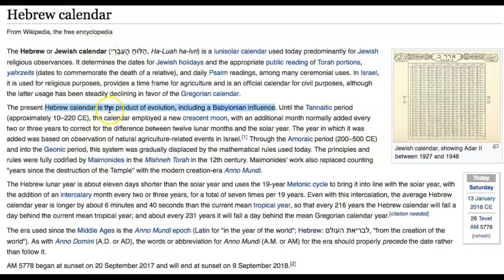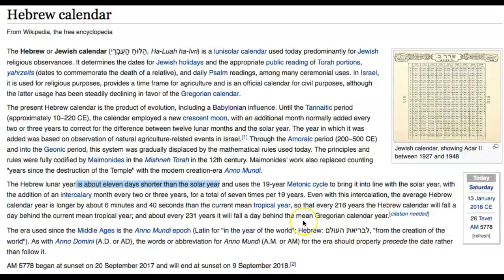But the Jewish calendar is the product of evolution, including what? A Babylonian influence. Because notice how the Jewish calendar is 11 days shorter than the solar year, meaning it's 354 days, meaning it's not a lunar solar calendar, it's a lunar calendar because they go based on 354 days.